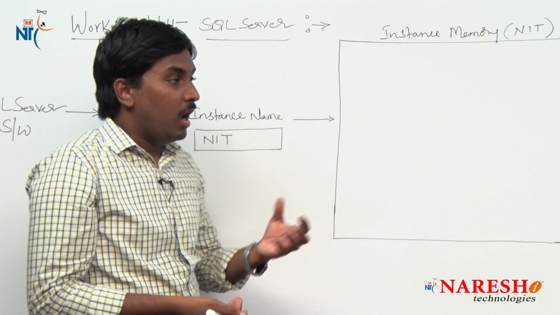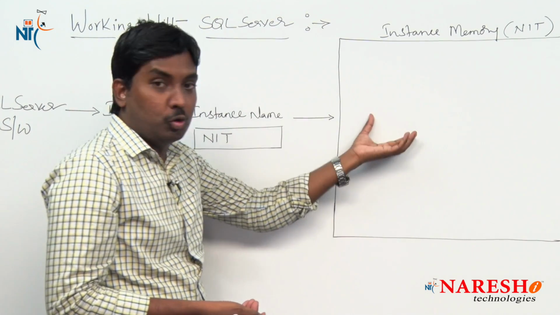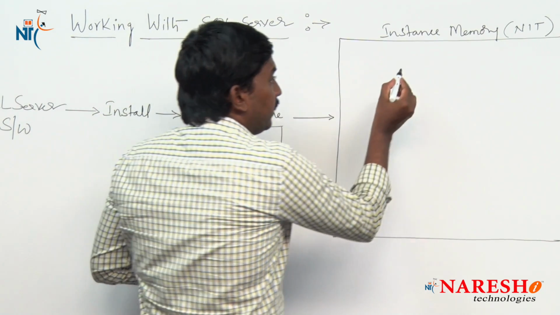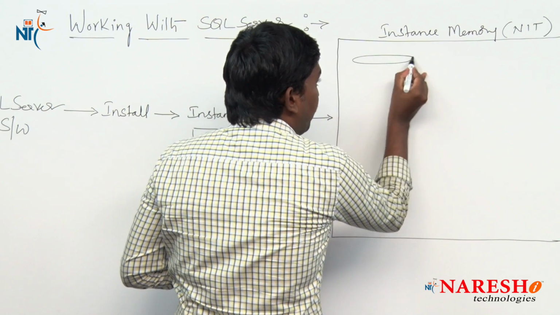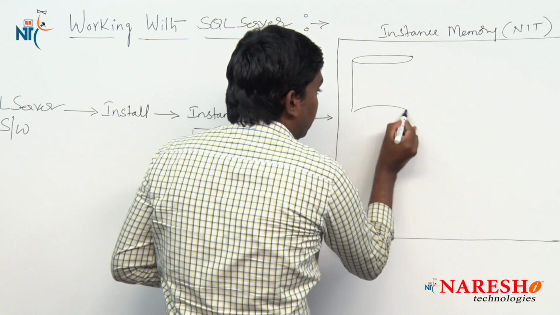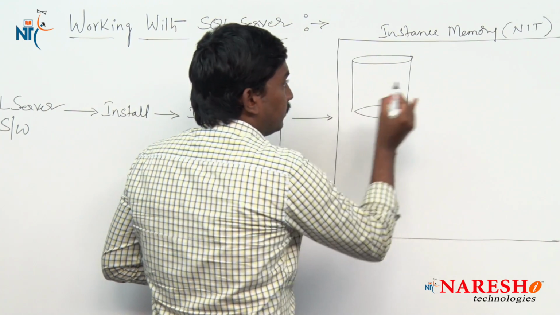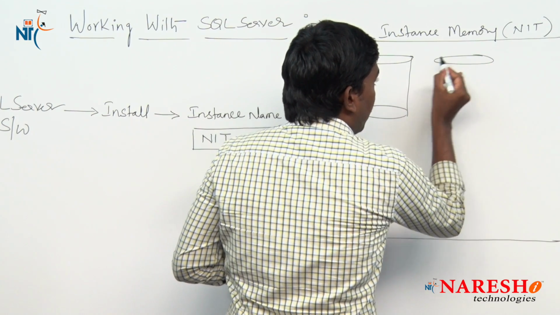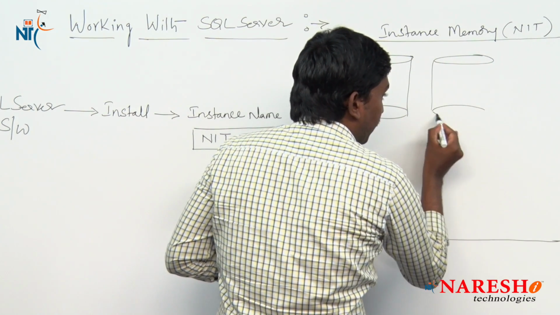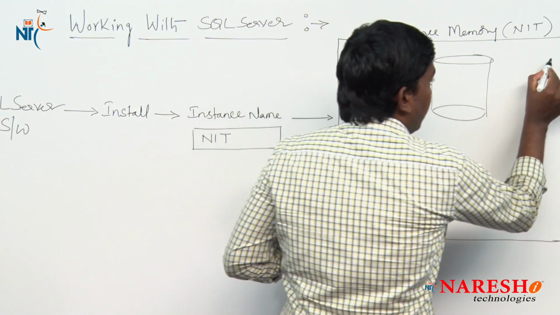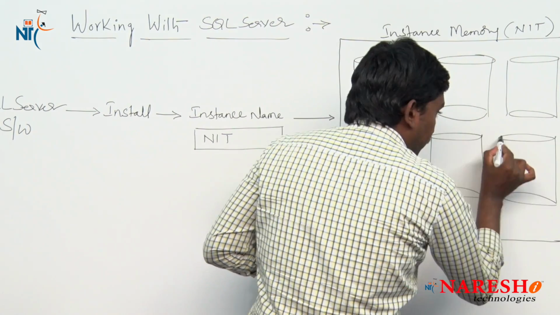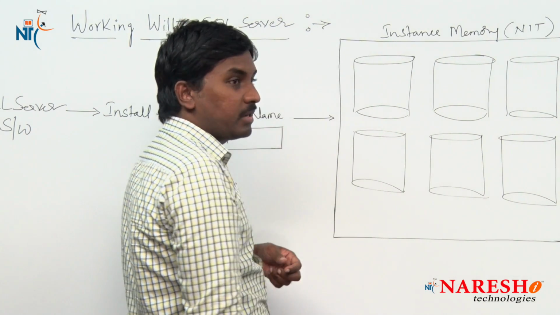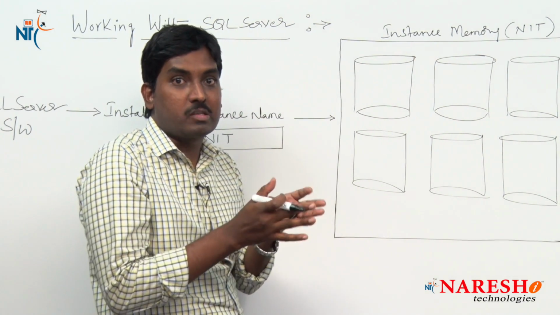After this memory is allocated, in this memory I can create a number of databases, not only one database. You can create a number of databases in the instance memory. These are some databases I created under my instance memory.